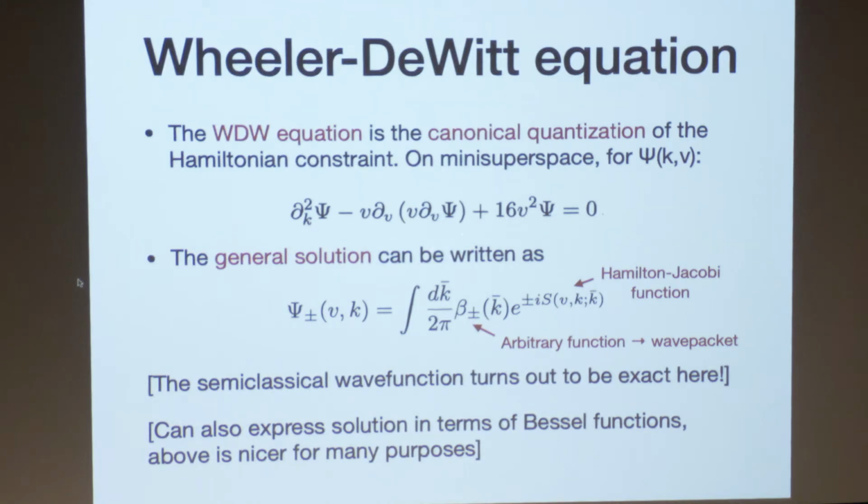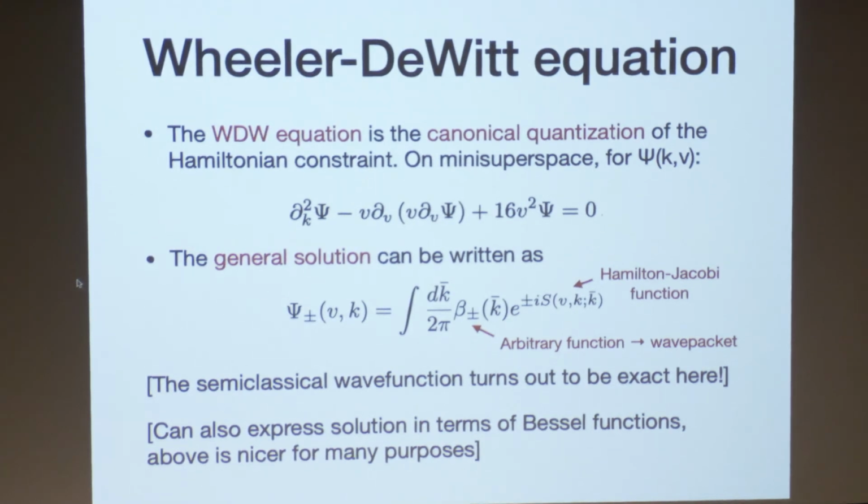Maybe I should say something about how you're supposed to think about this. There's no time in this equation, right? And so for the interior, you're supposed to imagine these different slices.